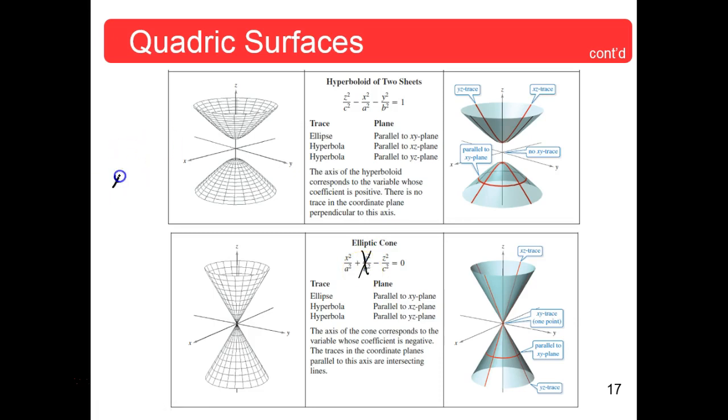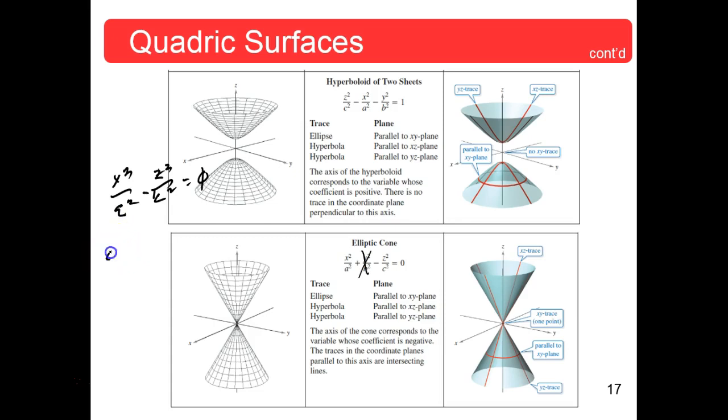So now we have x squared over a squared minus z squared over c squared is equal to 0. Well, let's multiply both sides by a squared c squared.